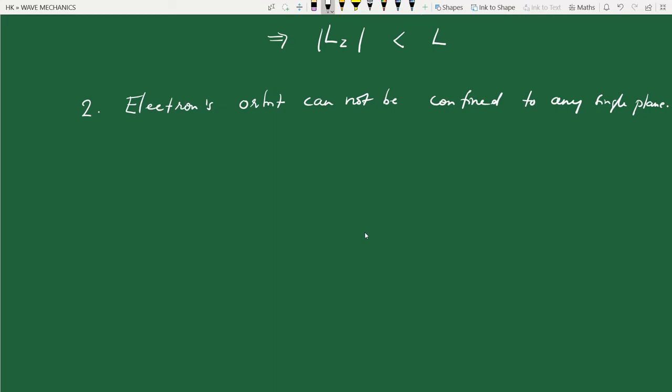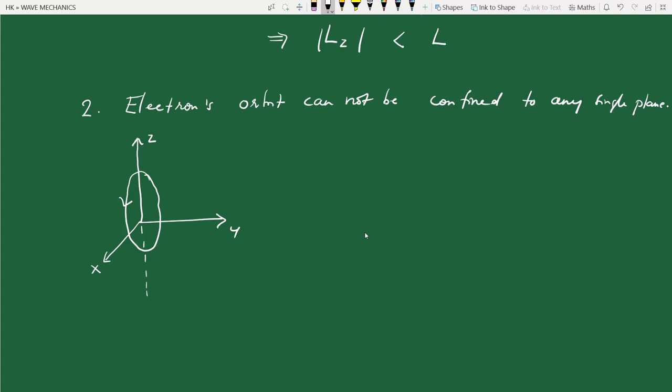Suppose the electron's orbit is confined to a single plane. Let us consider one plane like this. See, x-axis, y and z. Suppose the electron's orbit is like this in the xz plane, perpendicular to the y-axis.